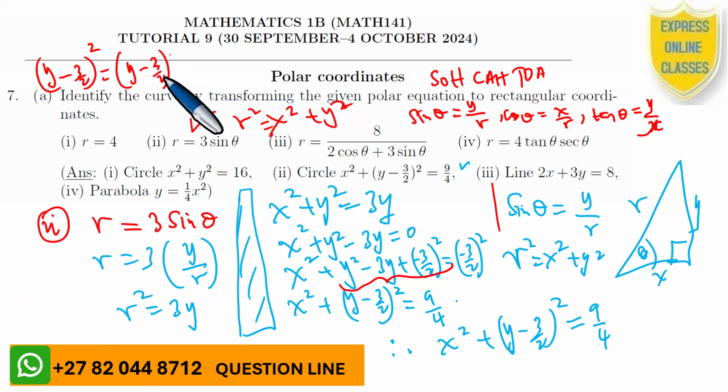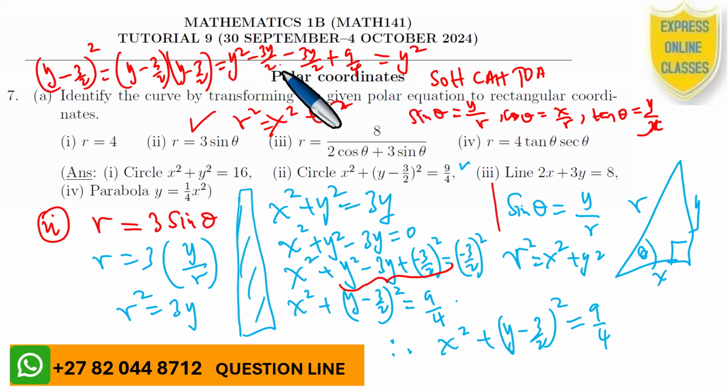Y minus 3 over 2 times y minus 3 over 2: y times y is y squared, y times minus 3 over 2 is minus 3y over 2, minus 3y over 2 plus 9 over 4. So it is y squared minus 3y plus 9 over 4.